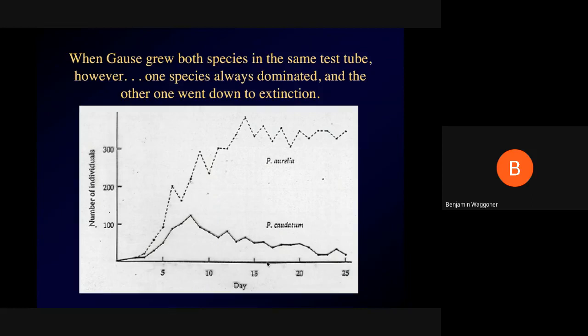When you put them together, they're both competing for the same food supply, and one species always dominated and the other one always went down to extinction. That's some of Gause's original data. You can see they both increase exponentially up until about day 5 or 6. And then aurelia continues to grow for a while, and caudatum begins declining after about day 8. And caudatum becomes rare and eventually, given more time, would get wiped out because Paramecium aurelia just happens to be better at using that particular niche than Paramecium caudatum.